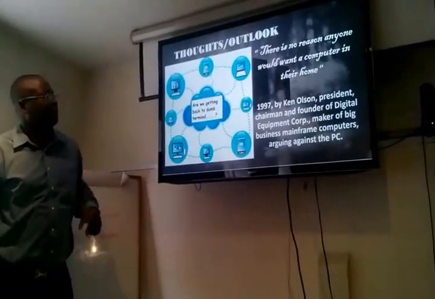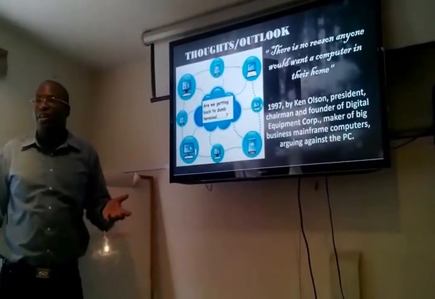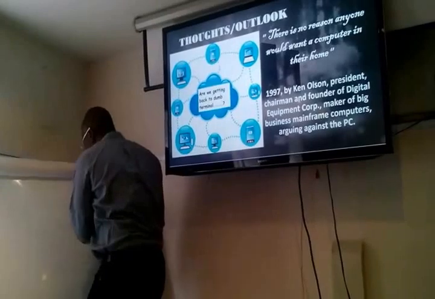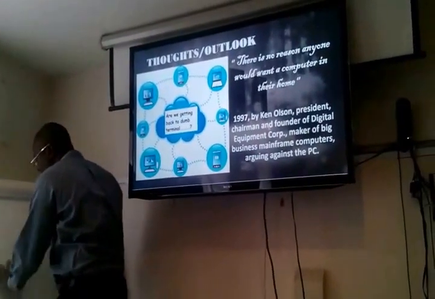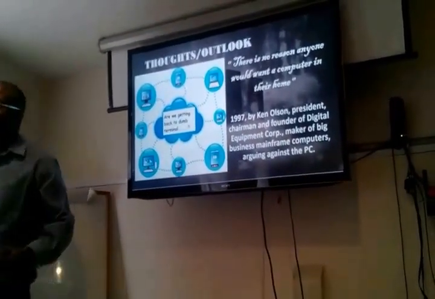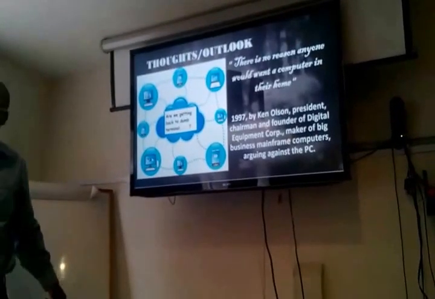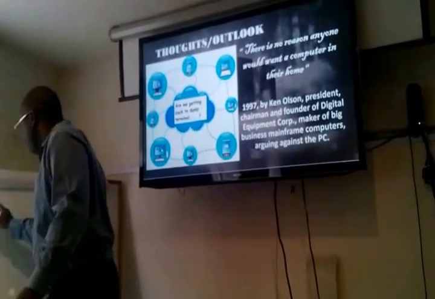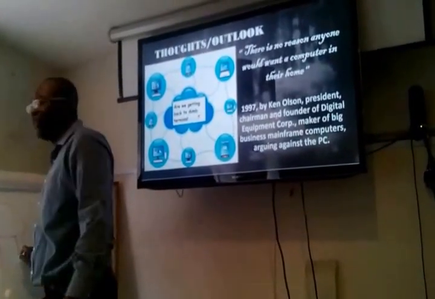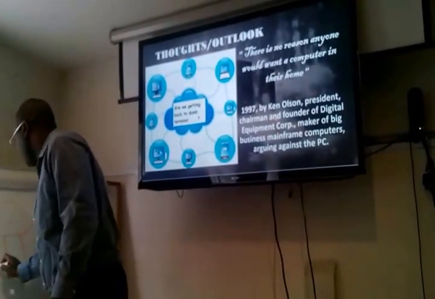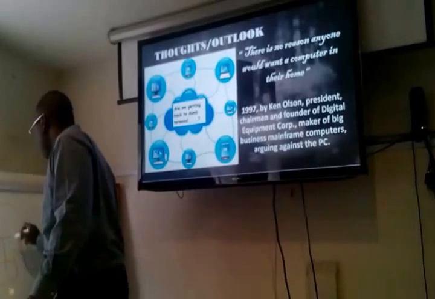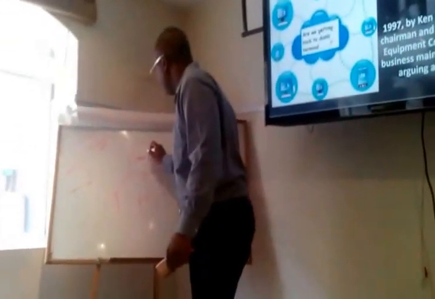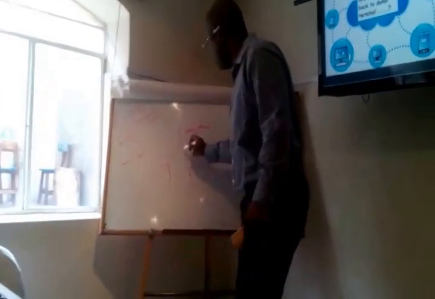And to finish, let's take a look. I don't know if you remember, back in the day, there was this big mainframe that could take up a whole room. There were dumb terminals, okay, and the mainframe did all the processing.